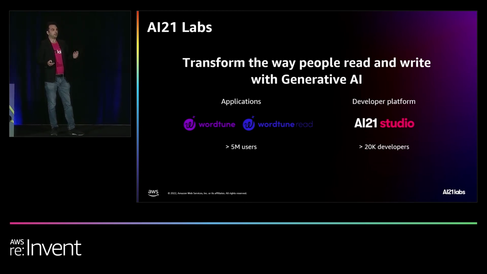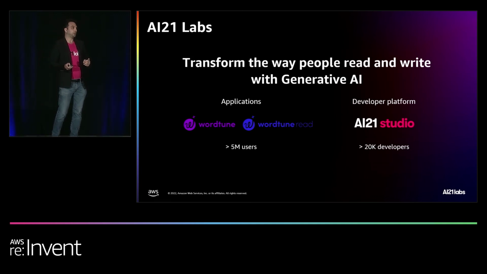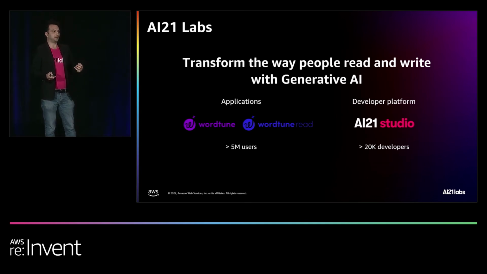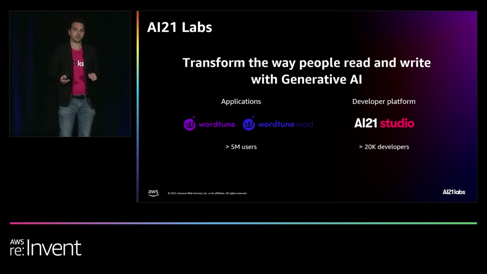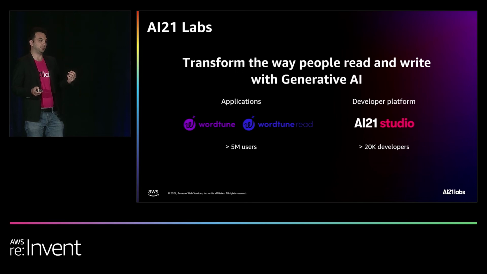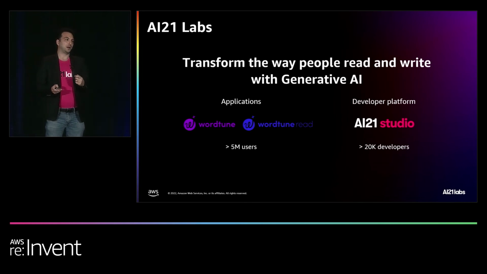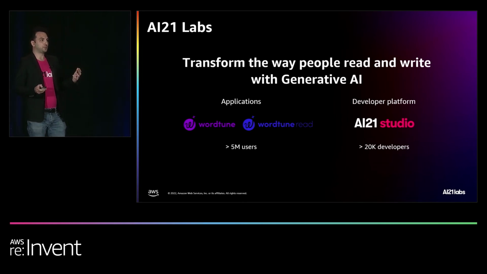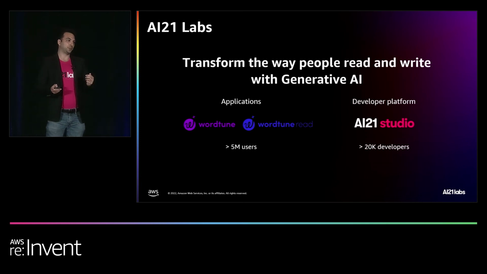And Wordtune Read is a reading assistant that helps people skim through long documents and digest them much faster. But we understood that if we really want to change how people read and write, text is everywhere. Almost every application has a reading and writing component. So we wanted to open our language models as a platform for other developers to build their text-based applications.